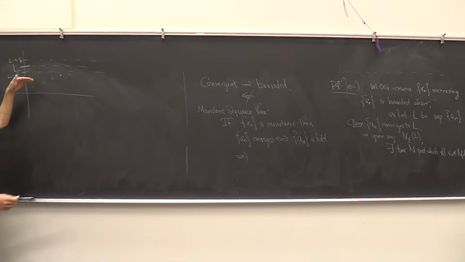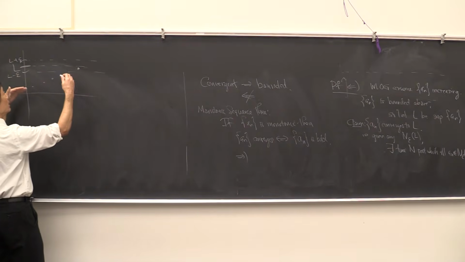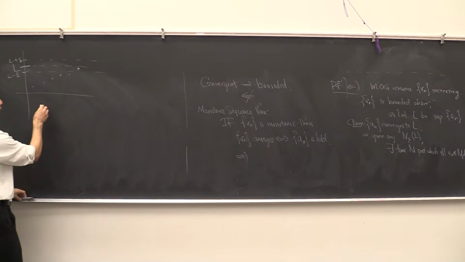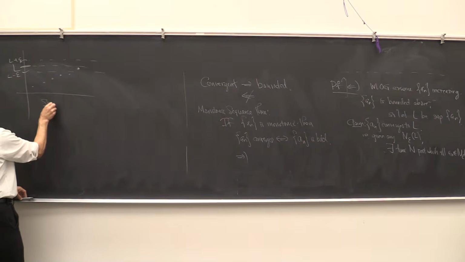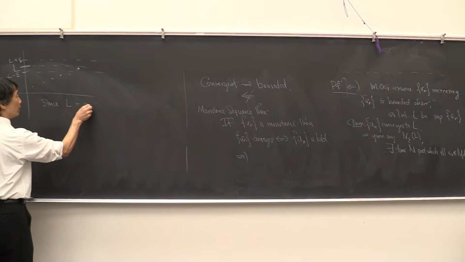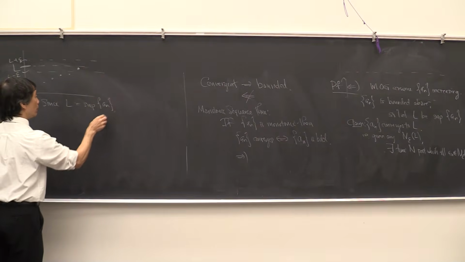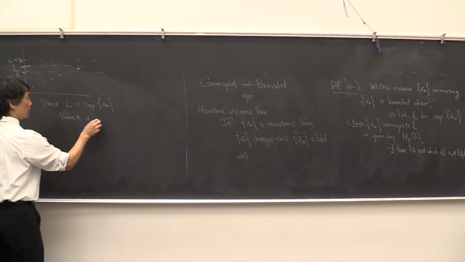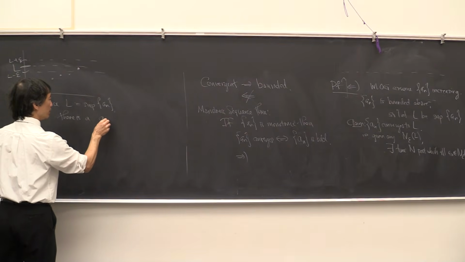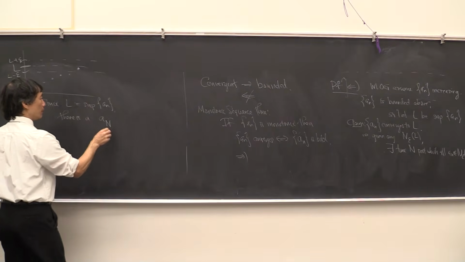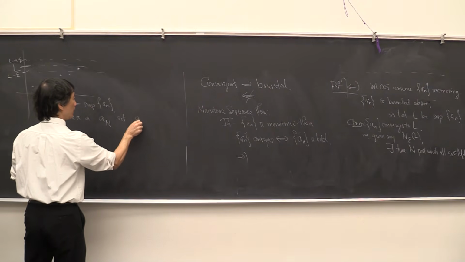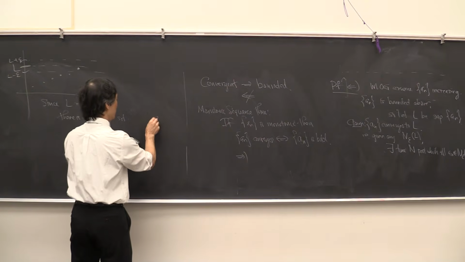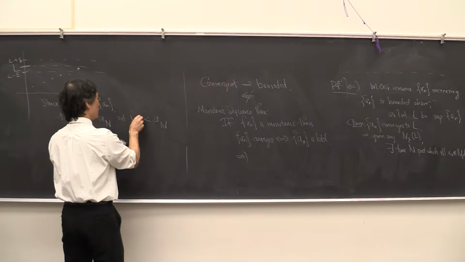So there must be somebody who is greater than L minus epsilon, and of course smaller than L. Since L is the supremum of these values, there must be some A sub capital N that is bigger than L minus epsilon.